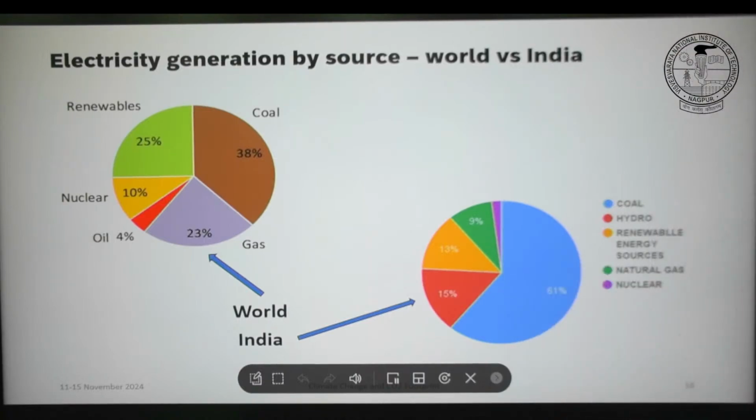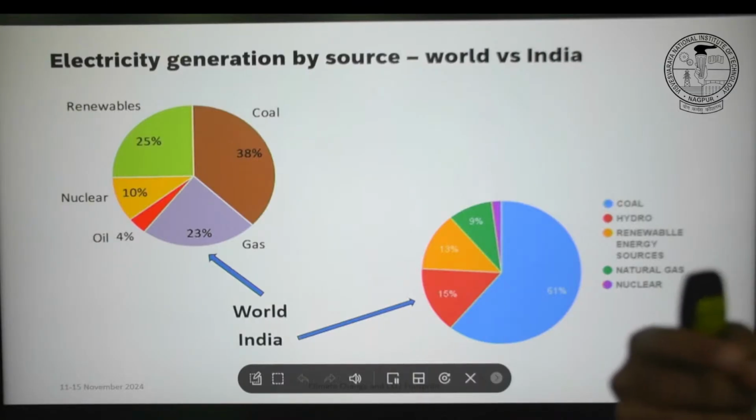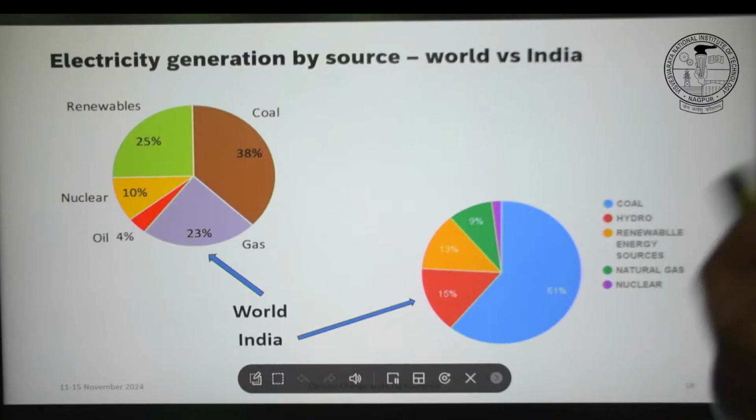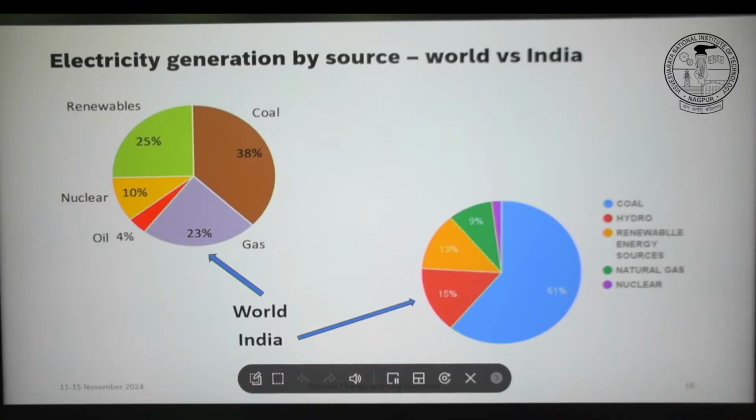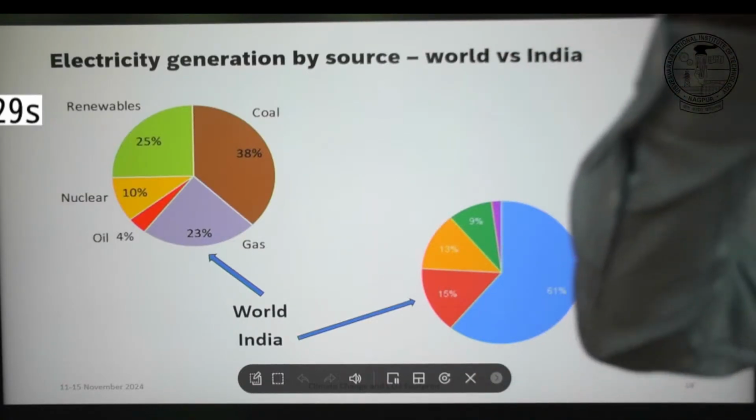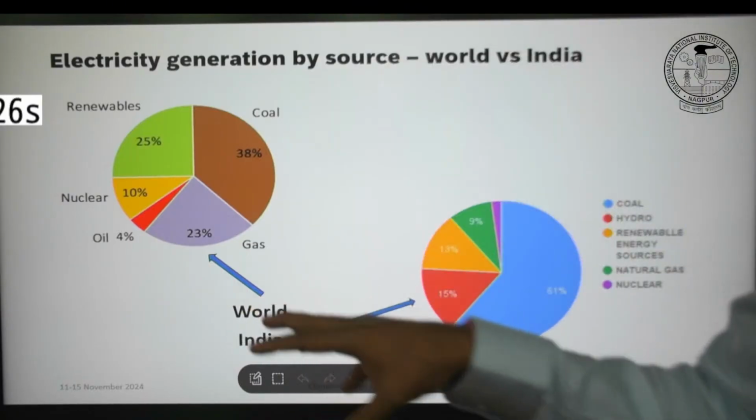as with the hydrogen mission, on renewables also, I must say we must be proud of what we have achieved in the last 10 or 15 years. India is the only country which has revised its targets. So the governments set their targets: how much electricity we will replace from fossils to renewables.